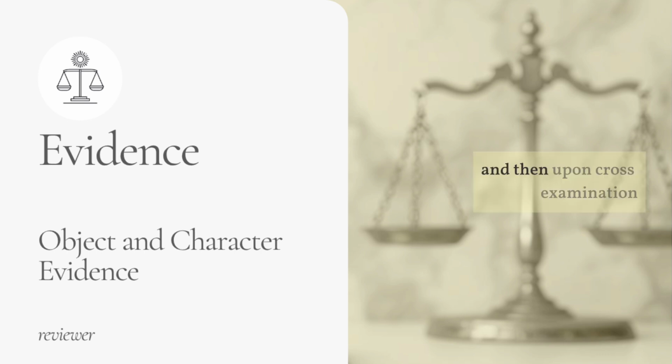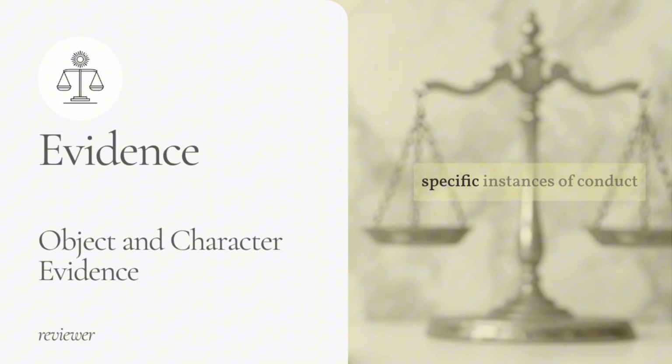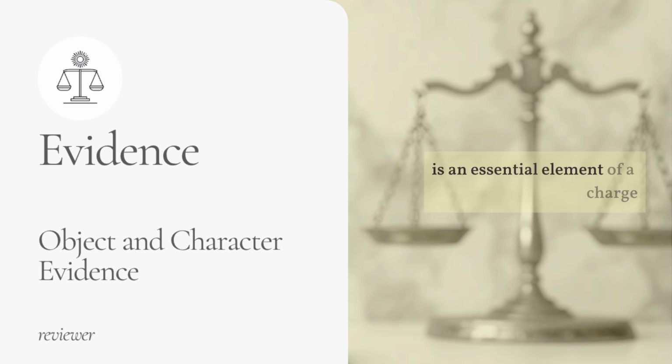Then, upon cross-examination, inquiry is allowable into relevant specific instances of conduct, and in cases where the character or trait of character is an essential element of a charge, claim, or defense, proof may also be made of specific instances of that person's conduct. So that's where it's the same for criminal and civil cases.